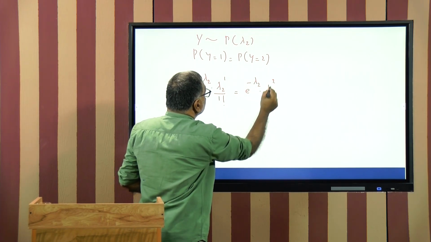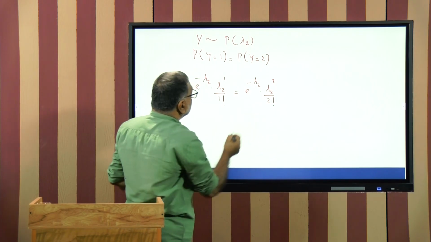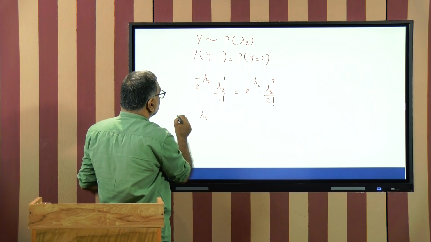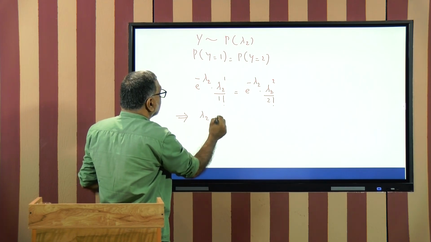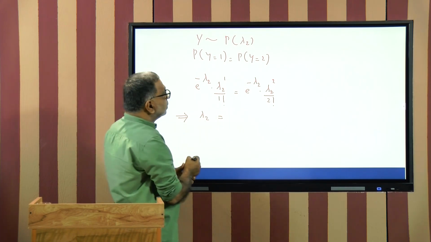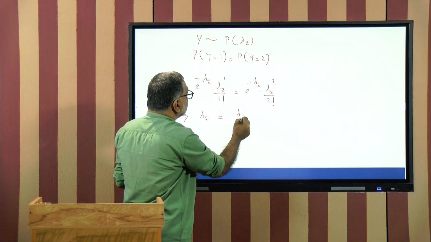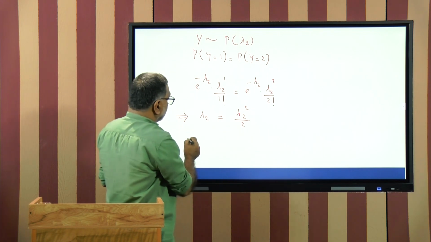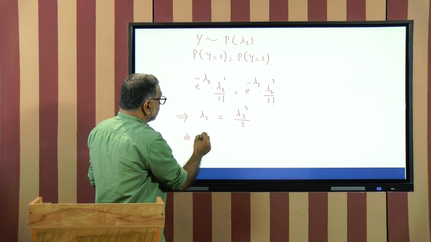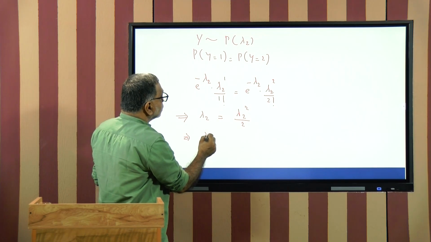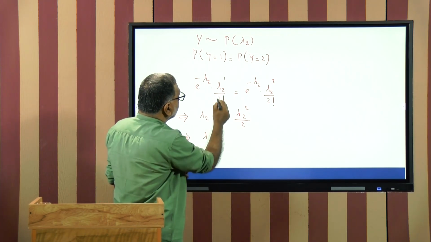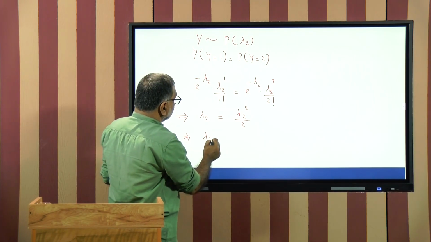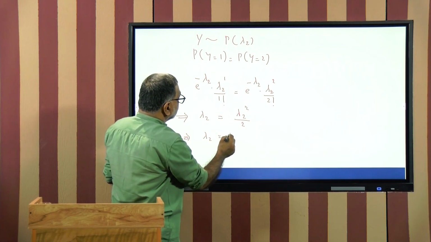into lambda 2 power 2 divided by 2 factorial. That is simplified, we have lambda 2 is equal to lambda 2 square divided by 2, that is again lambda 2 is equal to 2.